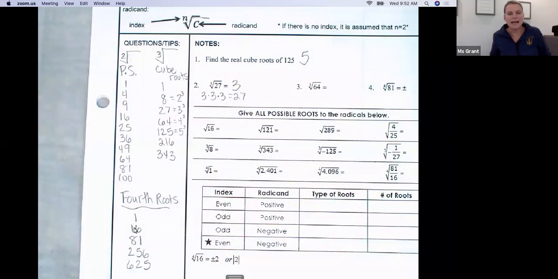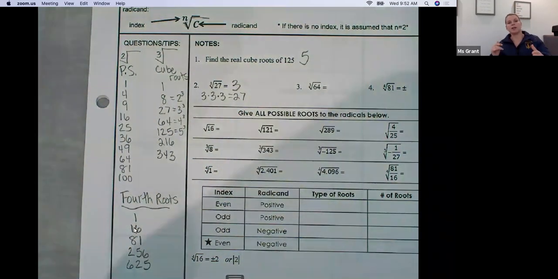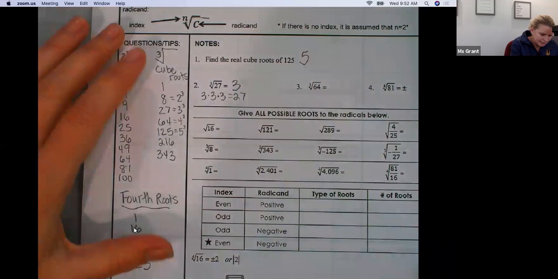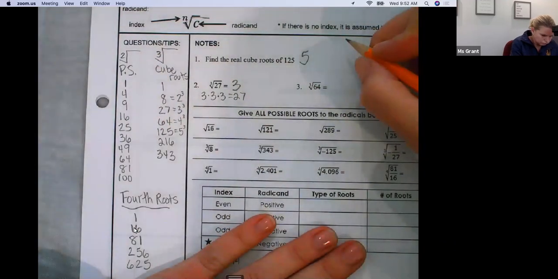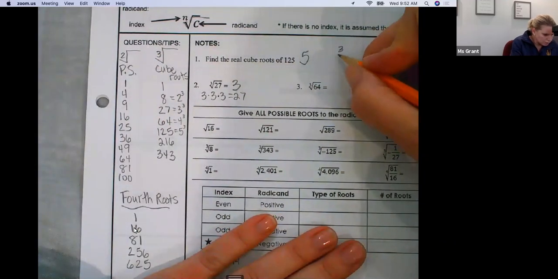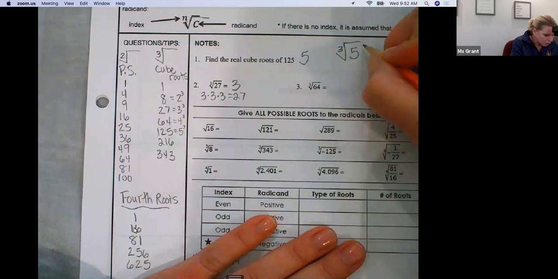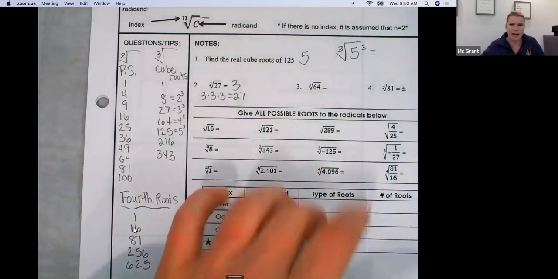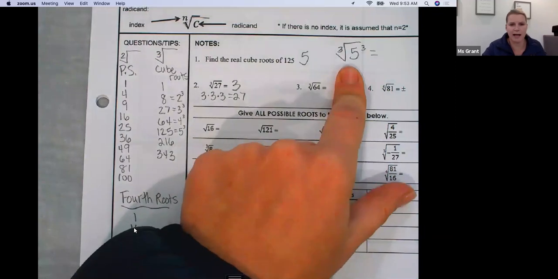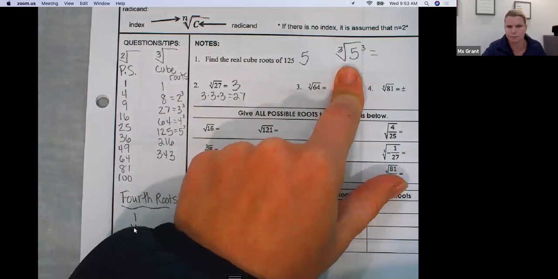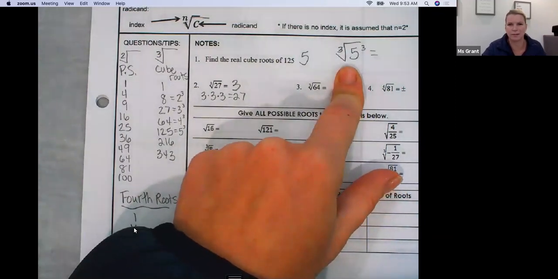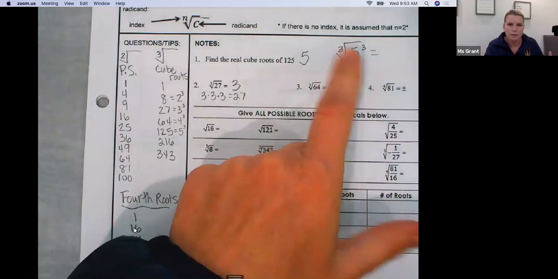Okay, so it's kind of like going backward and frontward. 3 cubed is 27. The cube root of 27 is 3. Did you guys know that if I did something like the cubed root of 5 to the third, what is that? What happens here? The cubed root of 5 to the third, what would that look like? What happens to these 3s?